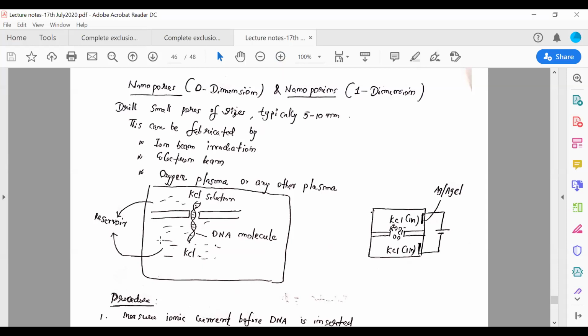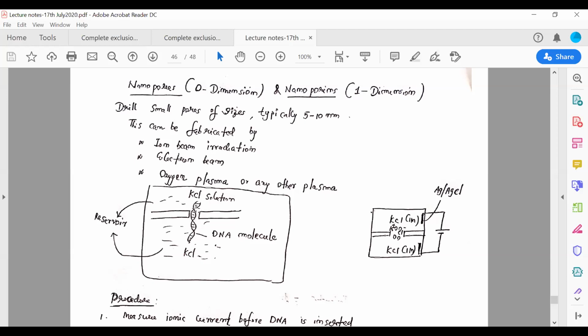I'll tell you the beauty of graphene here, which comes from the thinness of the membrane. This is the graphene membrane. We made a nanopore, say with a diameter of 5 nanometers, and the DNA molecule size is around 2 nanometers, so it can easily go through. And if you zoom into DNA, what do you have?